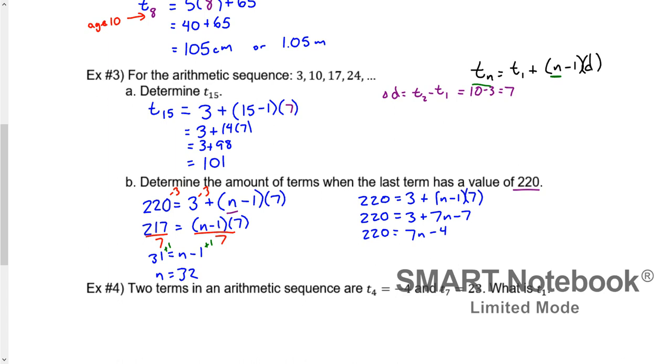So we'd have to add a 4 over. So we'd have 224 equals 7n. Divide by the 7. And 224 divided by 7, oh looky, looky, it's still 32. So either way, whichever kind of makes the most sense to you, that's the way that you can solve it.